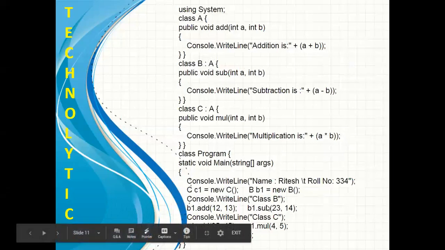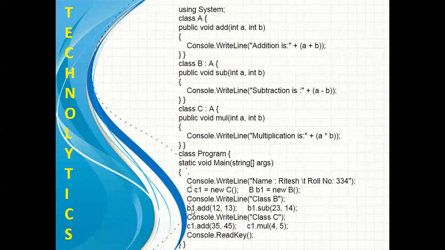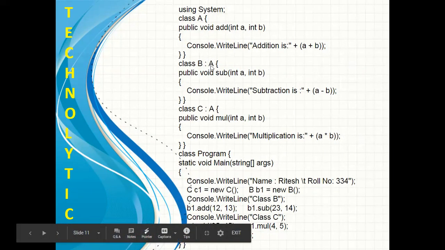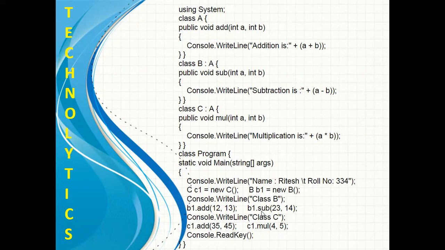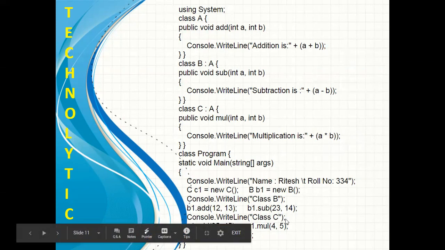Okay, so here if you will see, we have called add method from B1, that is B class object. It is possible because B ने यहाँ पे A को inherit किया है, so B A का method use कर सकता है. Okay, here we are calling B1 dot subtract because subtract method is itself defined in B class. On the next line, we are trying to call add method from C1, that is C class.